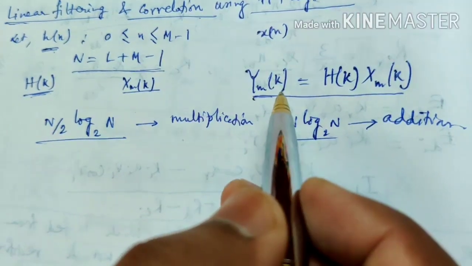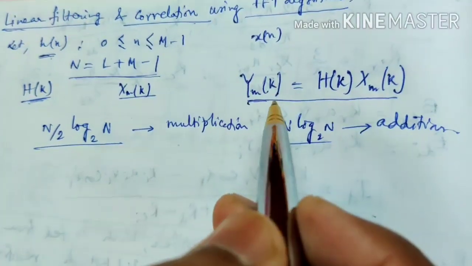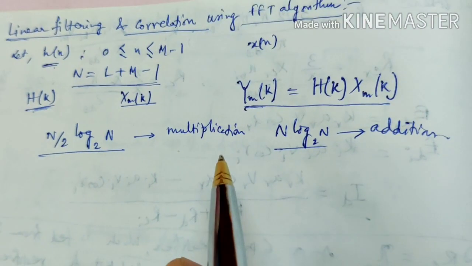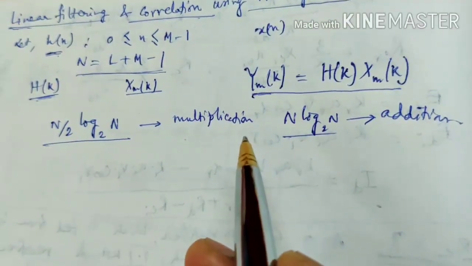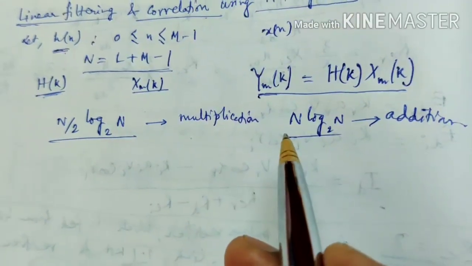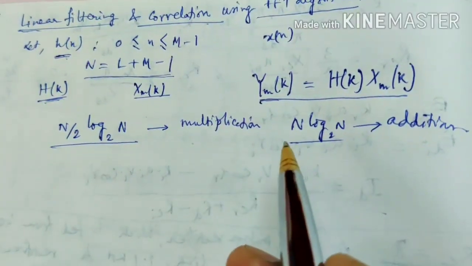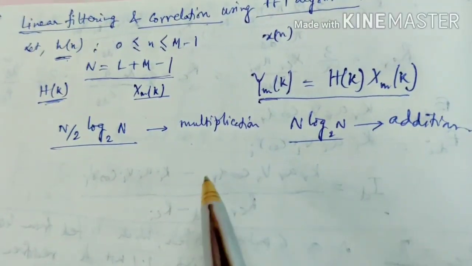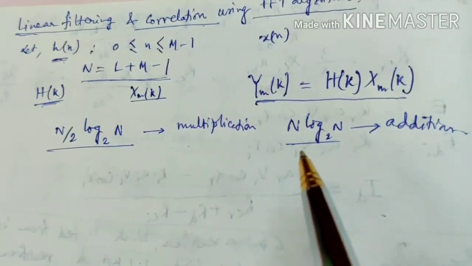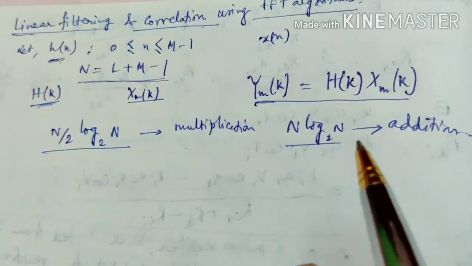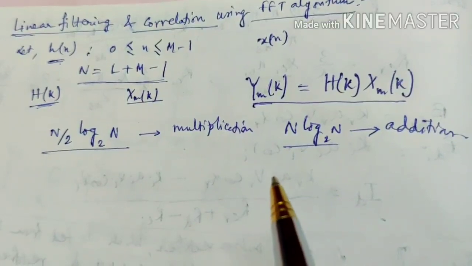Therefore we have N log base 2 of 2N divided by L complex multiplications per output data point, and approximately 2N log base 2 of 2N divided by L additions per output data point. The overlap-add method requires an incremental increase of M minus 1 by L in the number of additions.